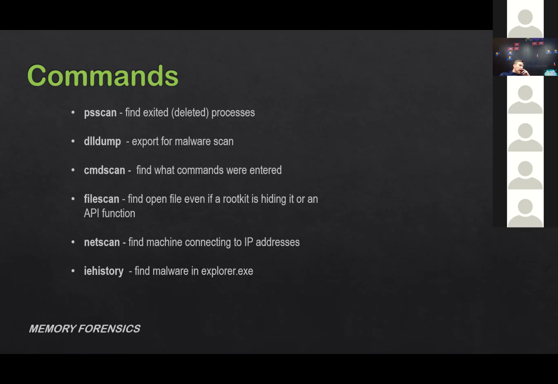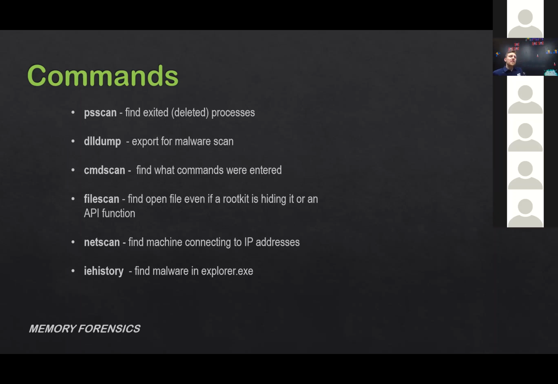So a good example of that would be processes that hide. A process that hides from a process list in PS scan or Task Manager, file scan has been touted to find those hidden processes. And we'll delve more into that as we go into screenshots and working with the Cridex malware sample.